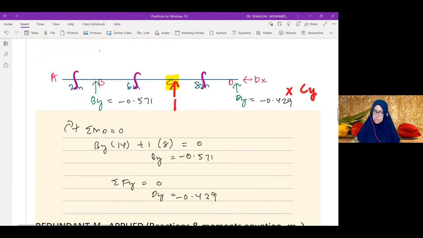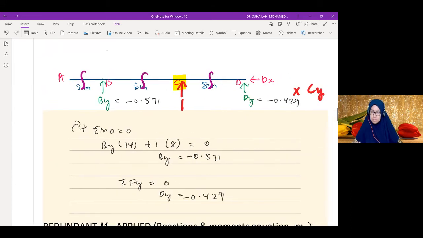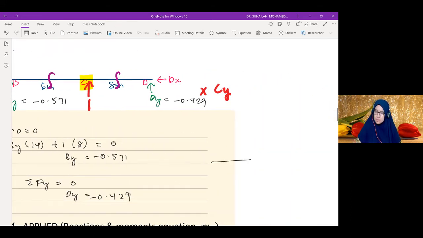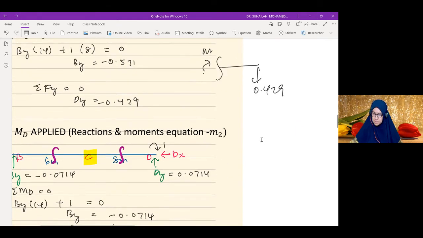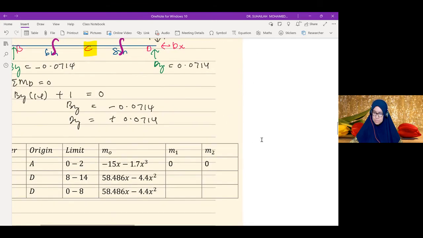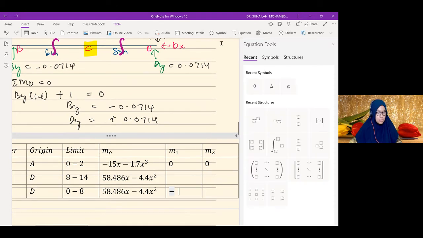And for the next, this is 0.429. So it is negative 0.429x.